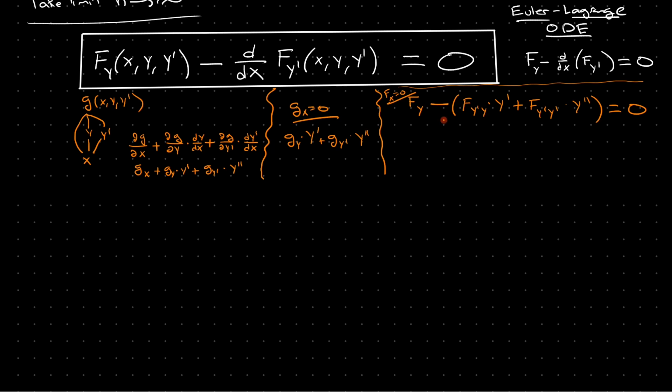And so if we multiply this entire expression by y prime, we get the following expression: y prime times f_y minus f_y' y times y prime squared plus or minus f_y' y' y double prime times y prime.